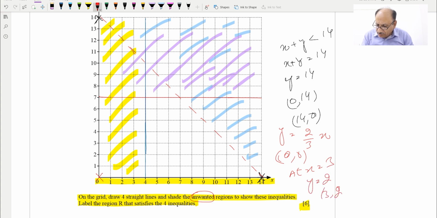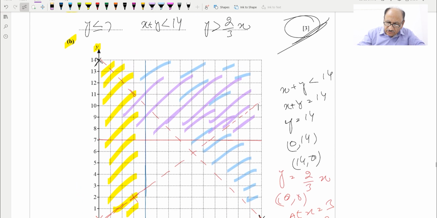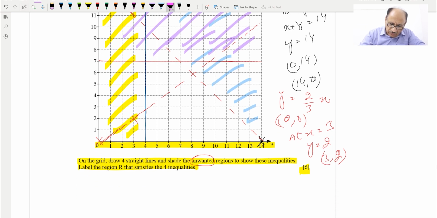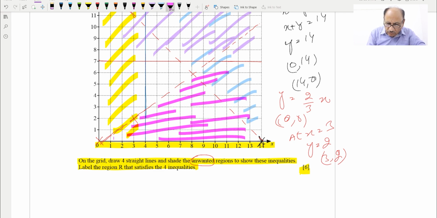Our point will be 3 and 2, and that will be this point. And we will be drawing this as a broken line basically, and we can extend this over here. Greater than is required, so less than is the unwanted region. It means this region is unwanted, so this is all unwanted region.